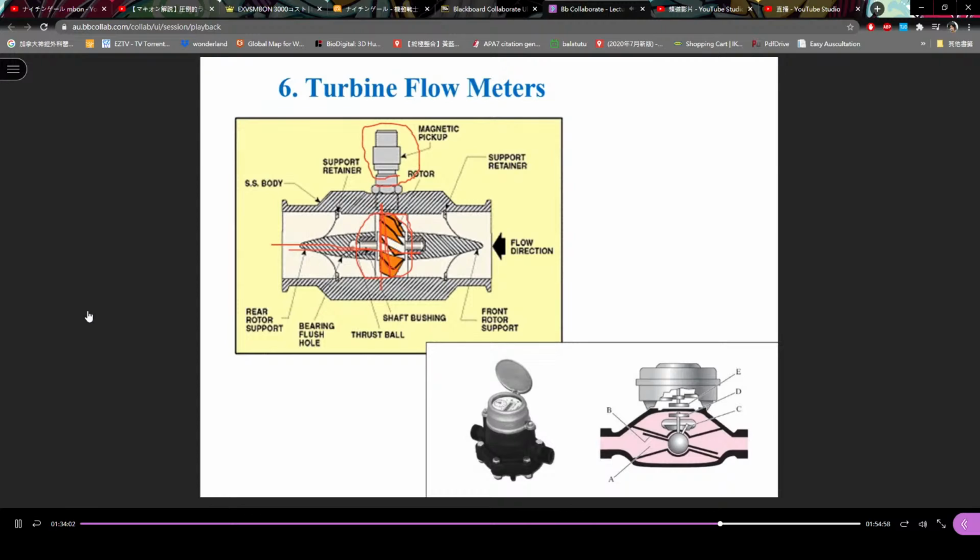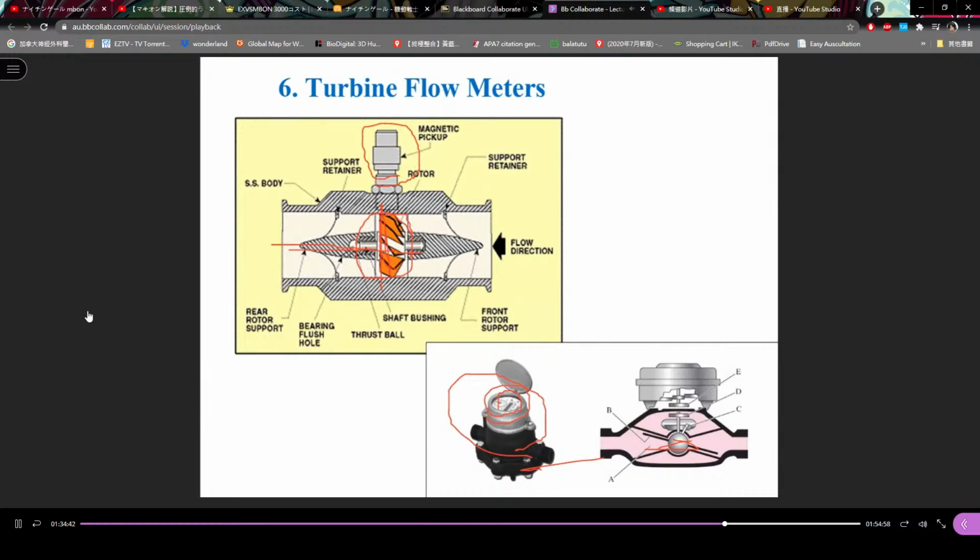Just like a water meter, every month or every three months in Hong Kong, we pay the water bill or town gas bill. How is it done? They have a meter, and most water meters are similar to this. There is a turbine inside that drives the meter so that you know how many cubic meters of water are used in that month, and you pay the bill.